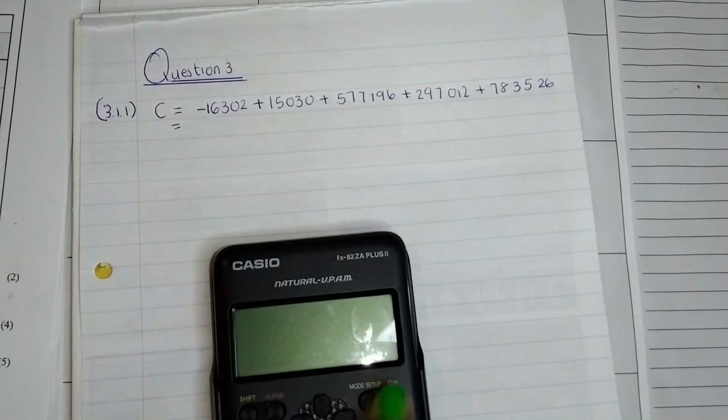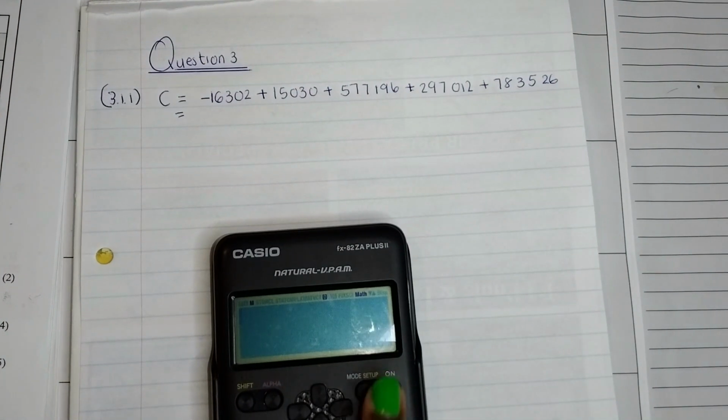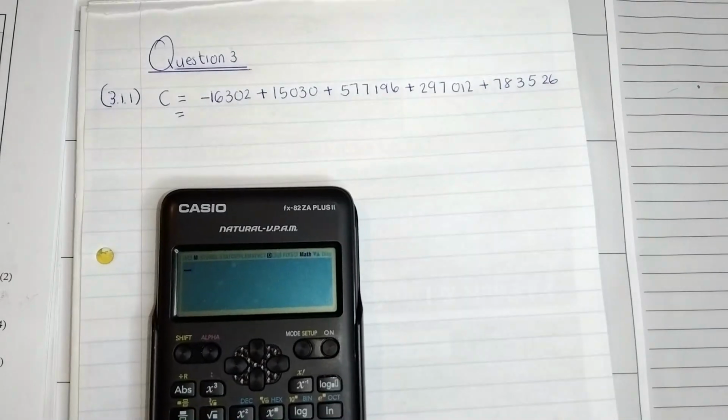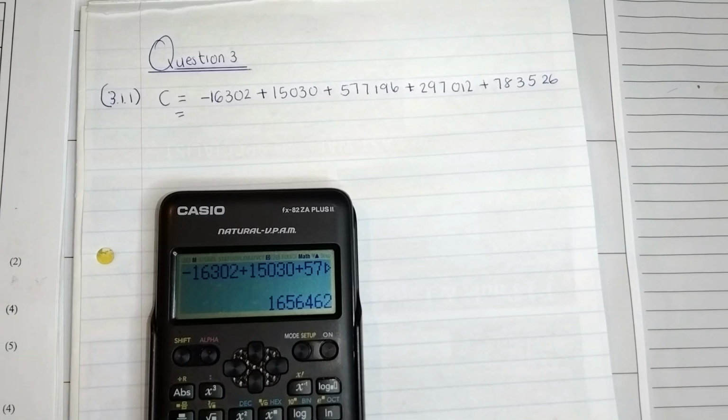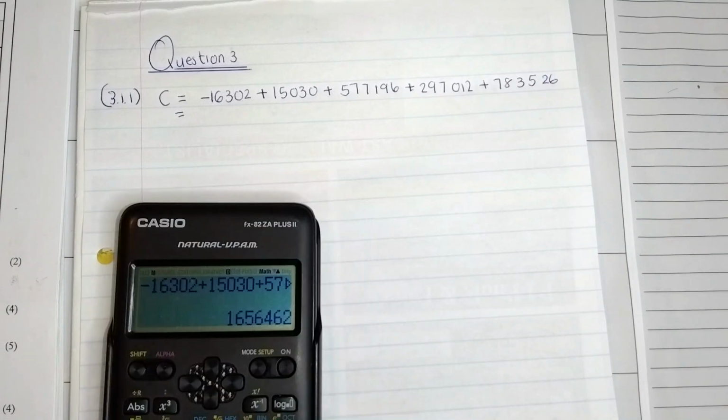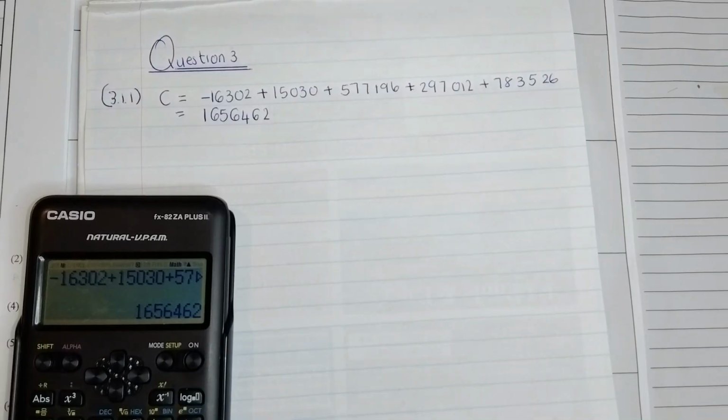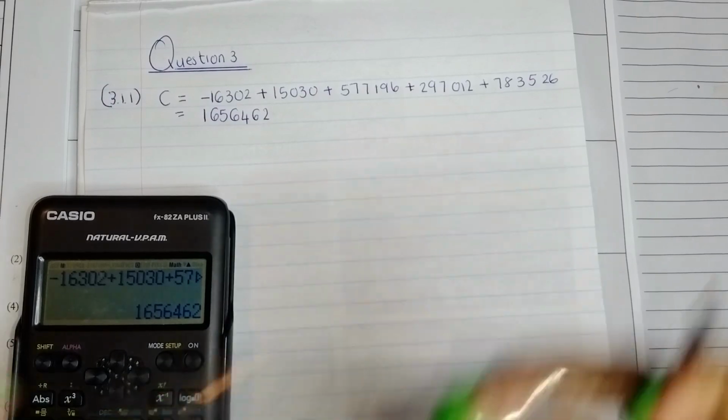Okay, and when you add all these values together, you'll get a total of 1656462, right?